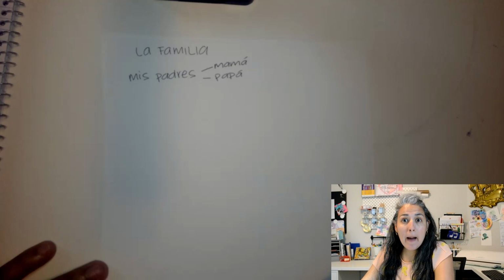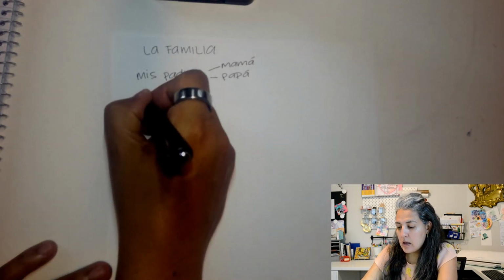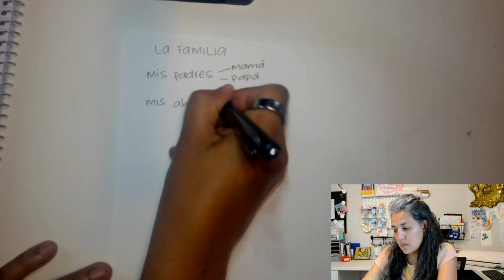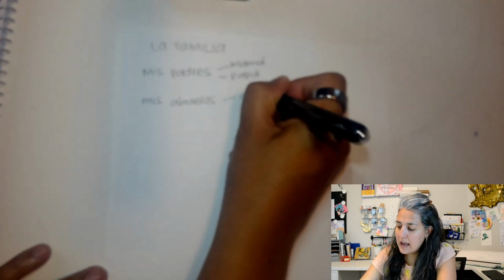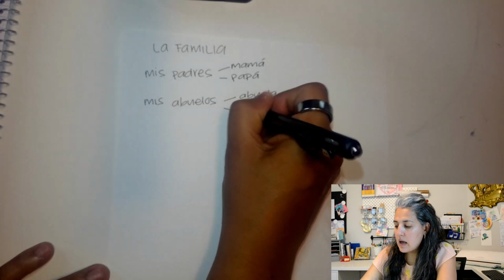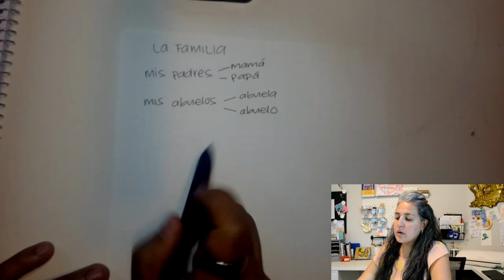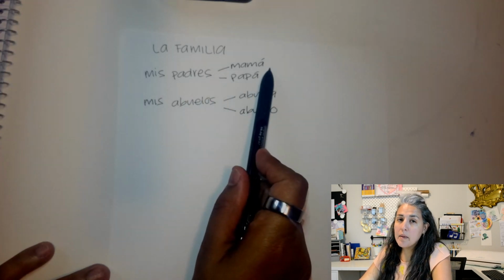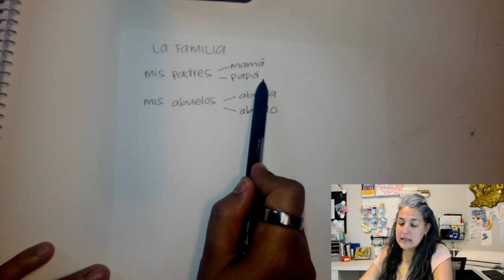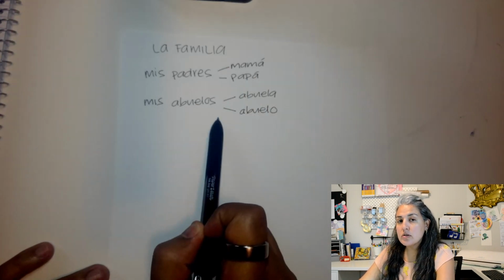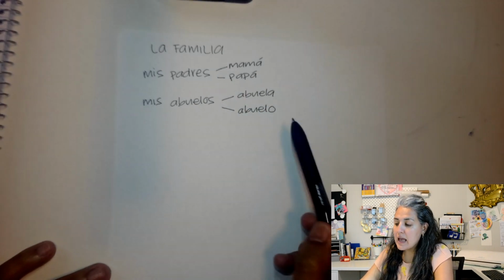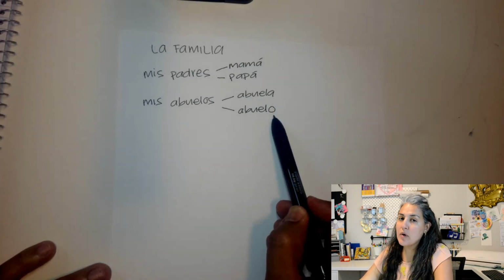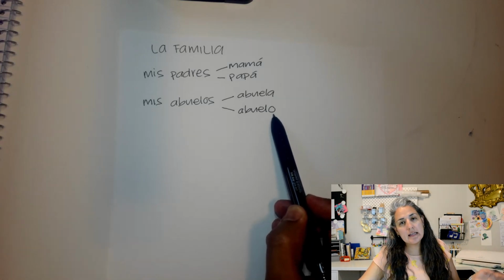Después tenemos los abuelos. Mis abuelos. Abuela y abuelo. My parents, mis padres. Mamá, mom. Papá, dad. Mis abuelos, my grandparents. Abuela, grandma. Abuelo, grandpa. You see, in Spanish, every word has a gender.